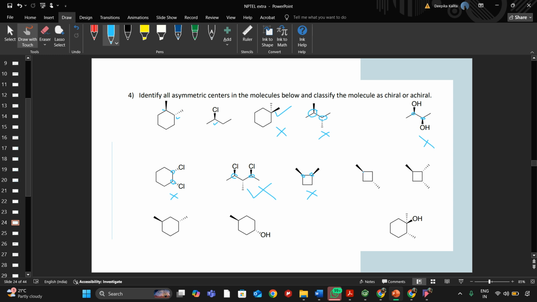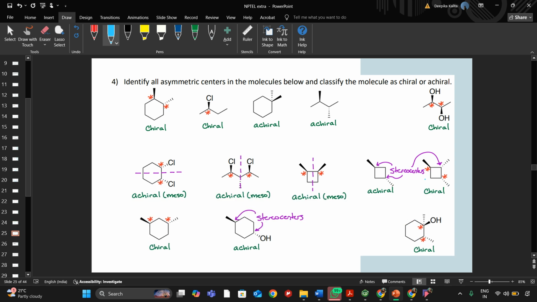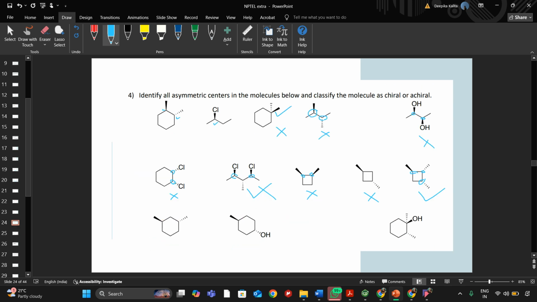This one has no asymmetric carbons and it is achiral. This is going to be chiral because it has these three asymmetric carbons. And similarly in this one, we have two asymmetric carbons and it has no mirror plane symmetry. So it is also chiral.